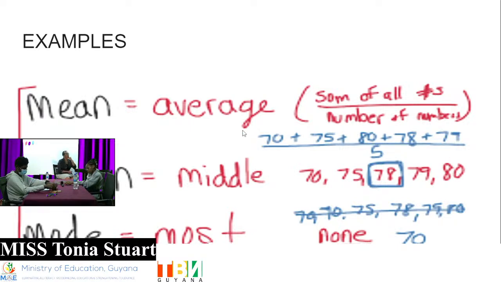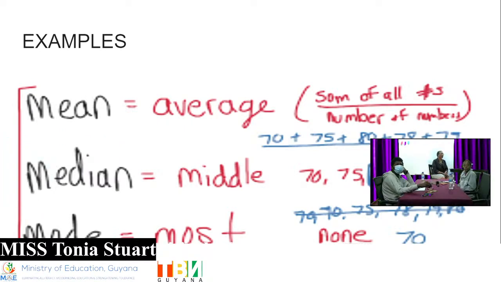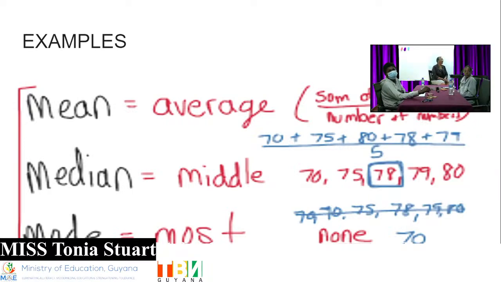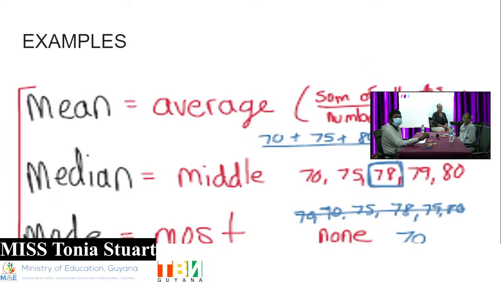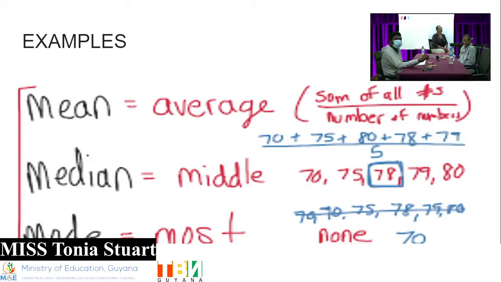So let's look at an example here. We have some numbers: 70, 75, 80, 78, and 79. Right? Those are the values given. In order for us to find the average or the mean, we will add them up and then divide by the amount of numbers.